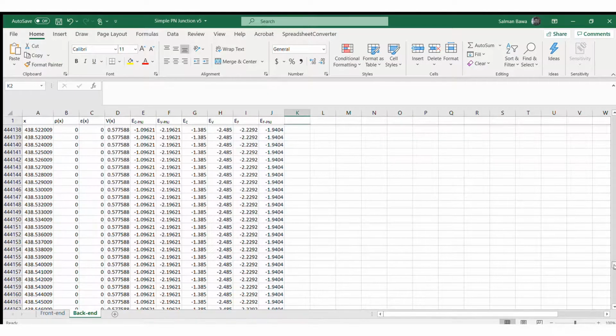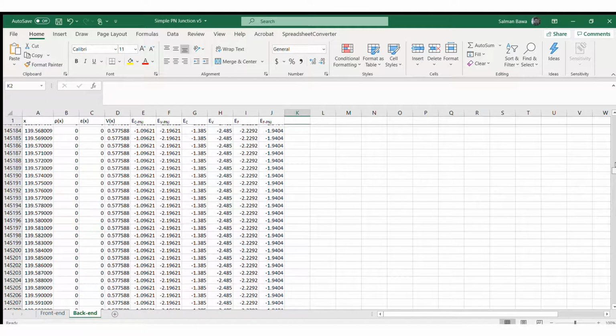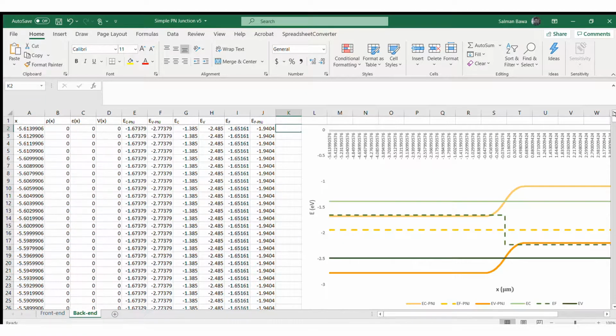And the reason why so many rows are involved is because depending on the doping that the user inputs, the width of the depletion region on one side could be much larger than the width of the depletion region on the other side, and so we need to cater to that.